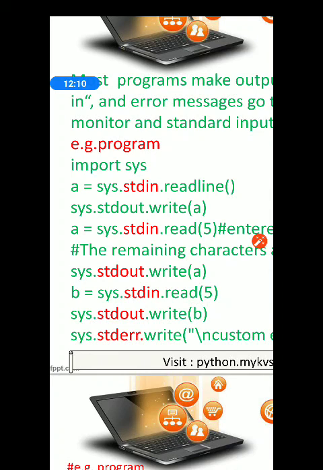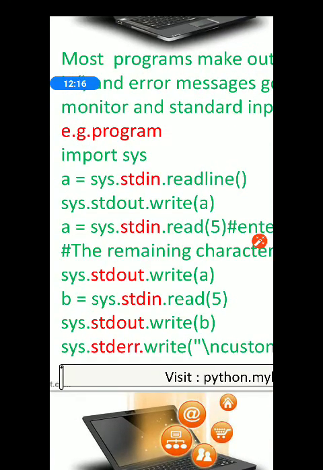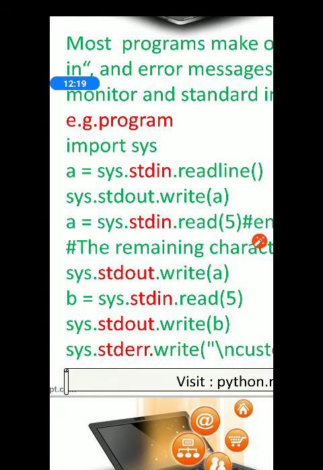Whatever you are supplying from the keyboard, it is reading this and keeping it in a variable, and then we are giving sys.stdout.write. So stdout means it is writing that variable's content onto your output screen.